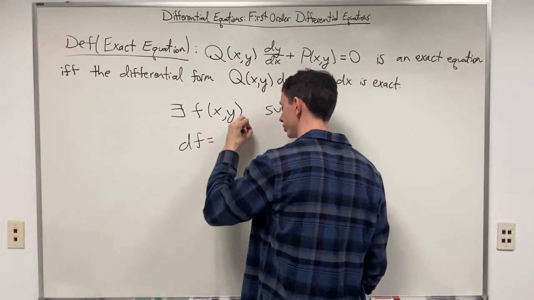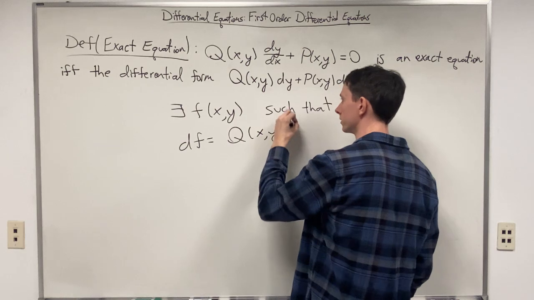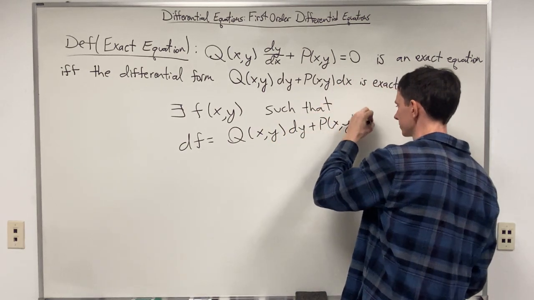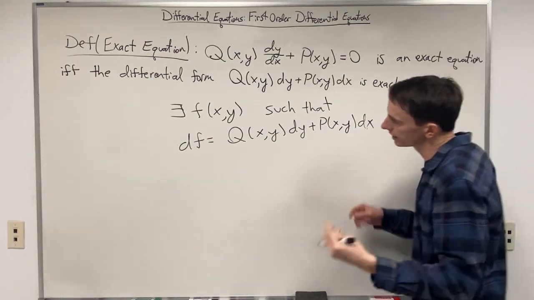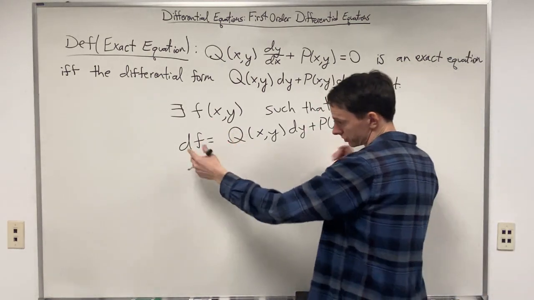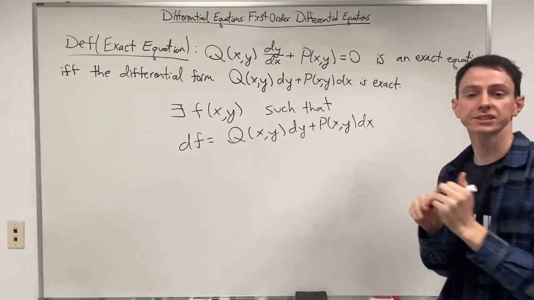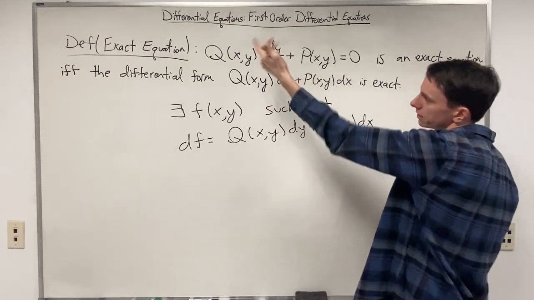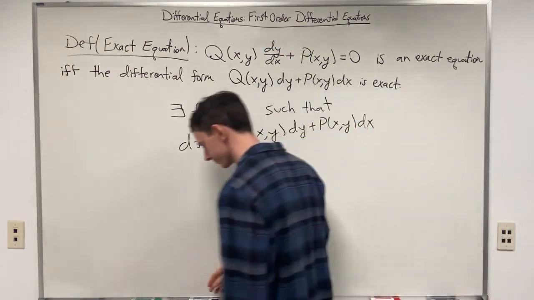So it's going to equal q of x,y dy plus p of x,y dx. So if we're able to find a function f such that this equation relating differentials is satisfied, then the differential form is exact, and hence the differential equation is exact.